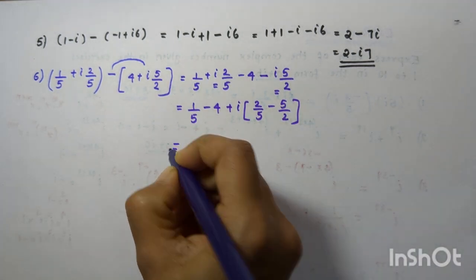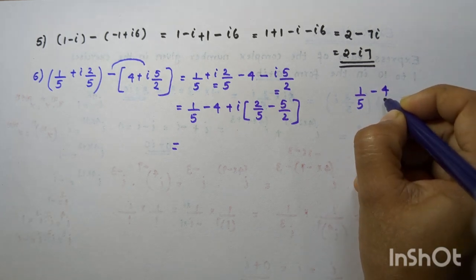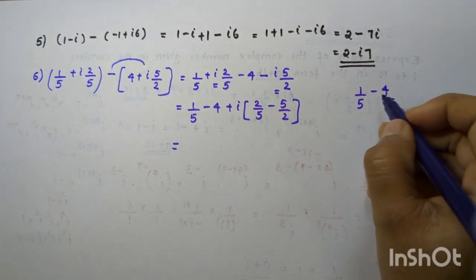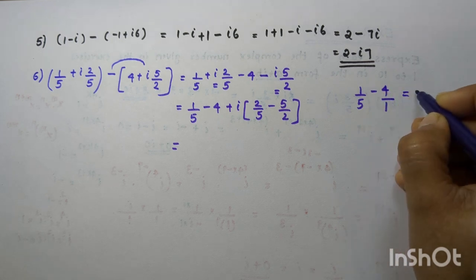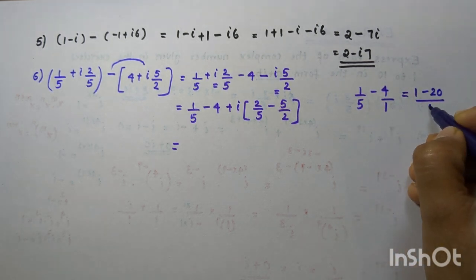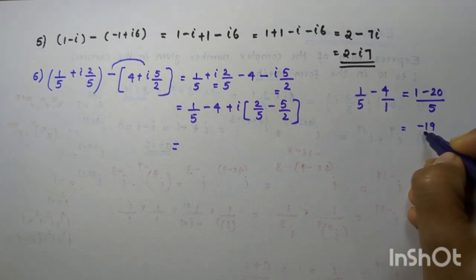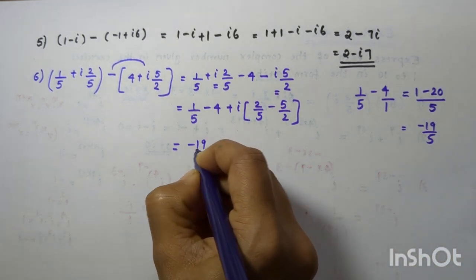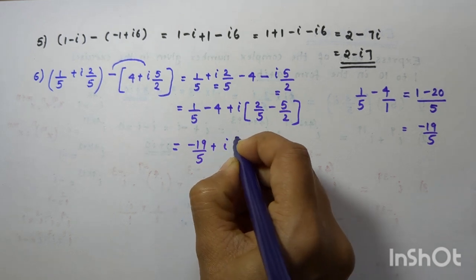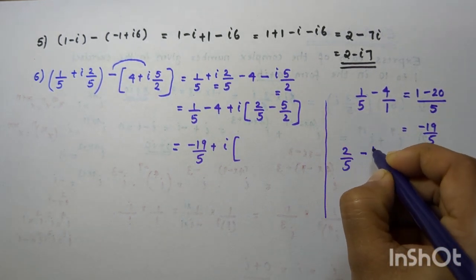Now this will be equal to 1 by 5 minus 4. 4 means 4 by 1. Just do the cross multiplication. 1 into 1, 1, minus 5 4s are 20, divided by 5 1s are 5. So this is like minus 19 by 5. Plus i into, now what about 2 by 5 minus 5 by 2?